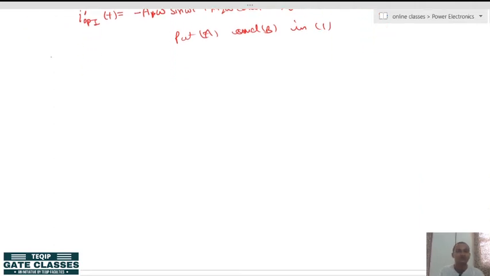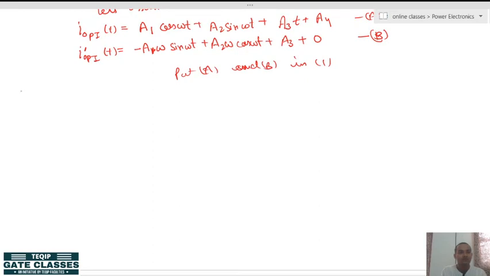Let's write it here. We have got I naught dash t, which means we will get: a1 omega sin omega t plus a2 omega cos omega t plus a3. So we have written this value.